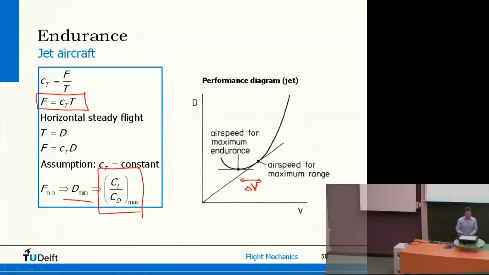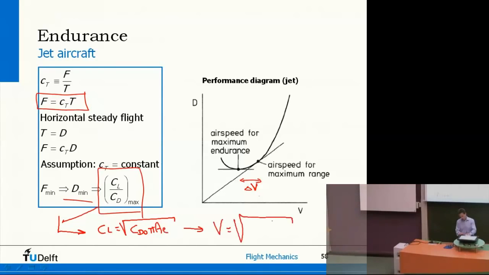Now, this is basically the solution for jet aircraft, because what we've seen is if you have CL over CD max, then the CL can be calculated beforehand based on the aerodynamics, and with this you can calculate the actual airspeed.